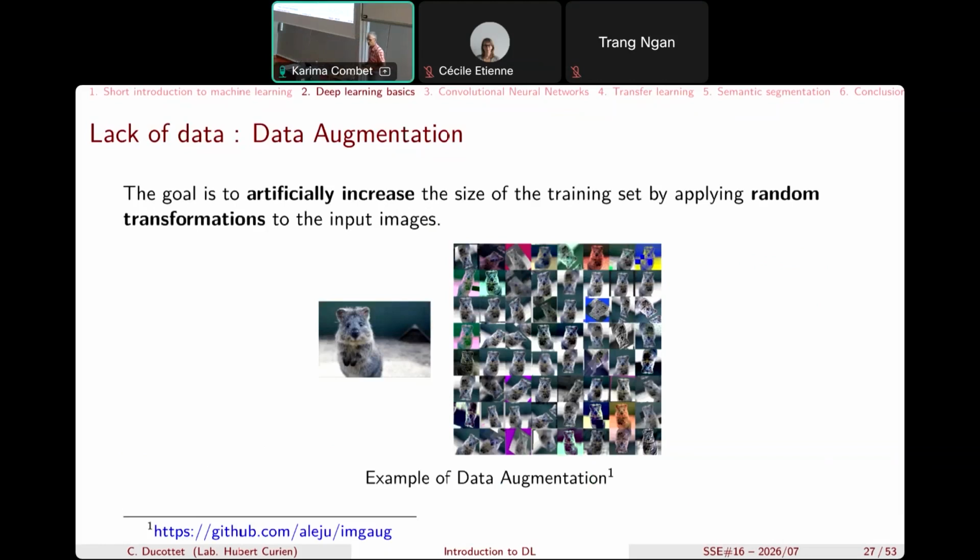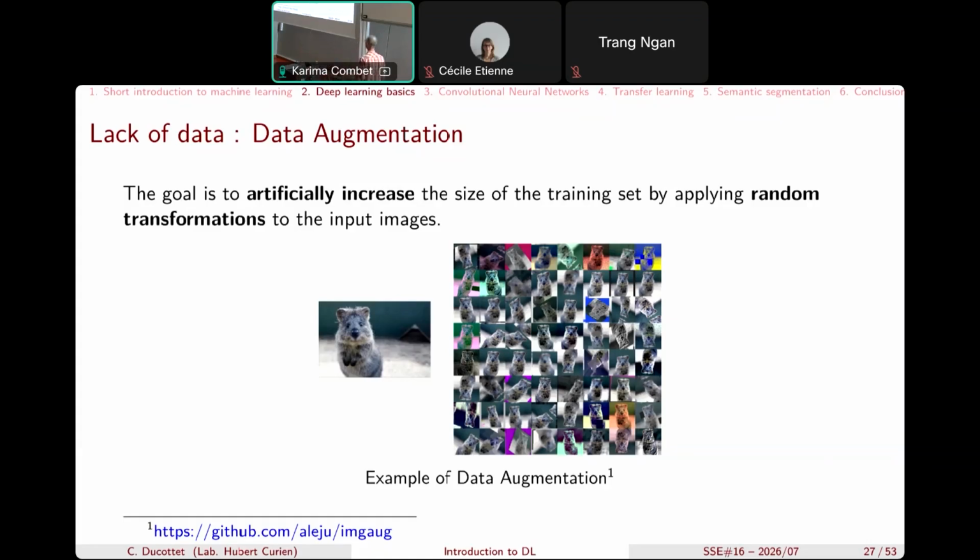So one way to avoid or to limit this kind of overfitting is to do what is called data augmentation. What is data augmentation? When you have images, you make some changes, geometrical changes or color changes, to your images in such a way that you increase the diversity of your images.